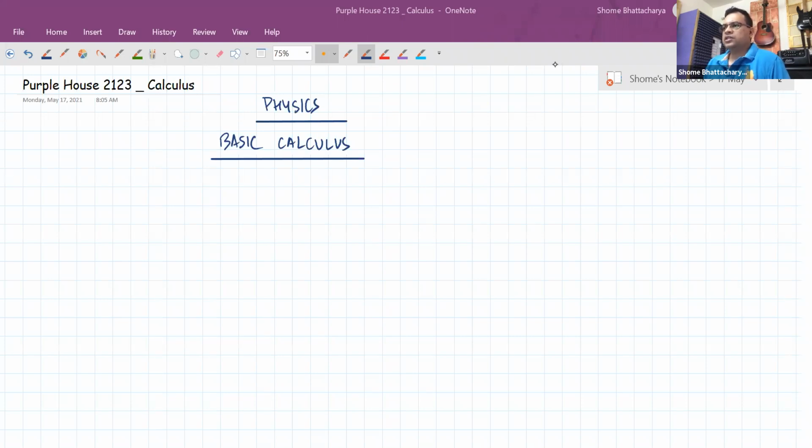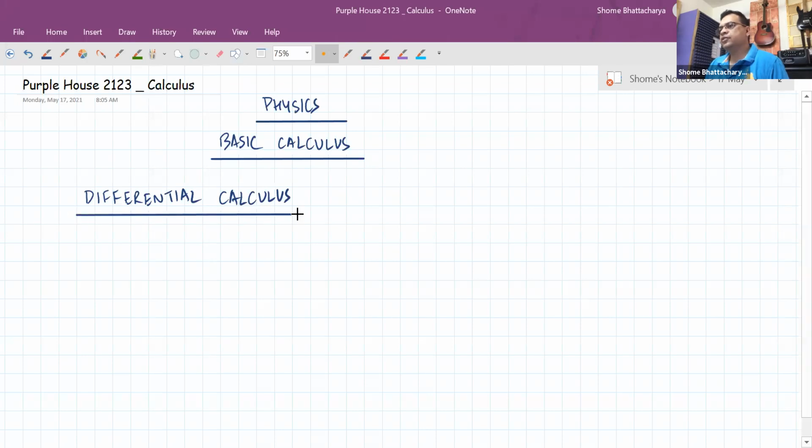So what is the subject of calculus basically about? There are two parts of it actually. The first part of calculus is called differential calculus. Differential calculus is basically to do with the mathematics of something called rate of change.